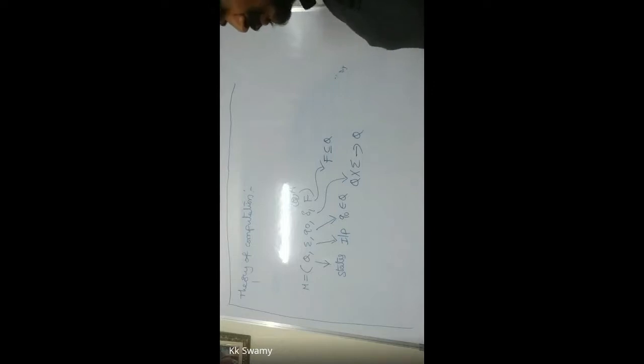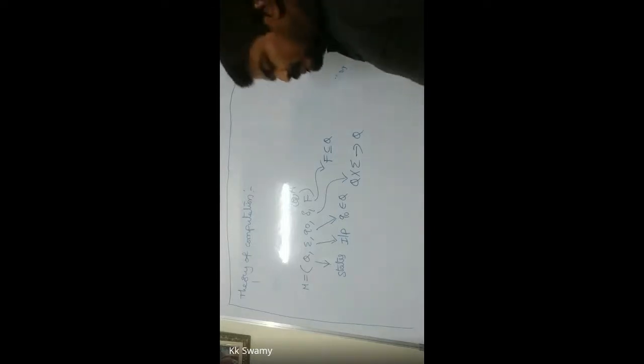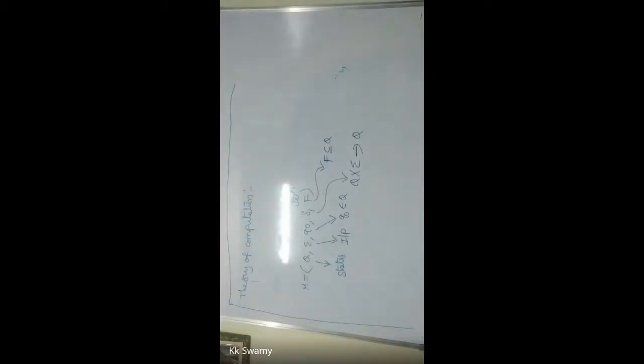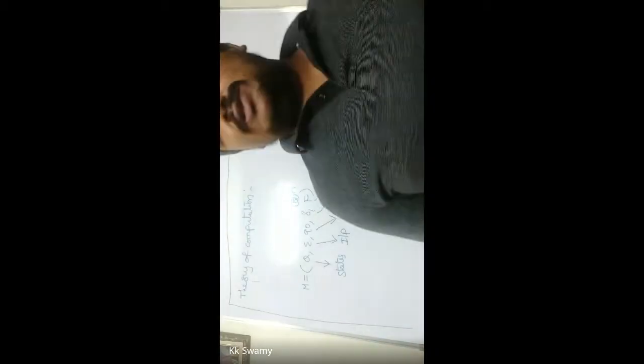Now, how to represent the finite automata? The finite automata can be represented in two ways: one is the transition table and the other is the transition diagram. So what are the transition table and transition diagram?